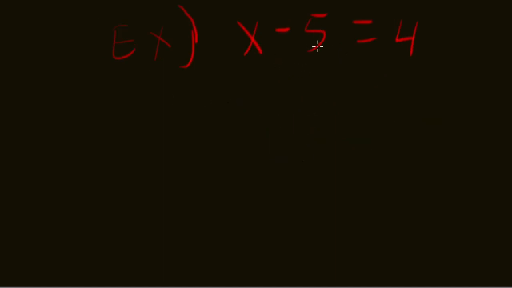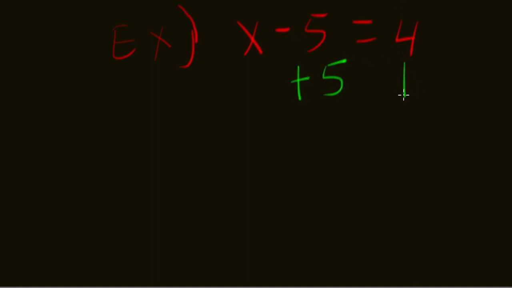Or you can use the method where you need to get rid of the negative 5 and put it on the other side. Whenever you move a number from one side of the equation to the other, you have to take the opposite of that number. The opposite of minus 5 is positive 5.